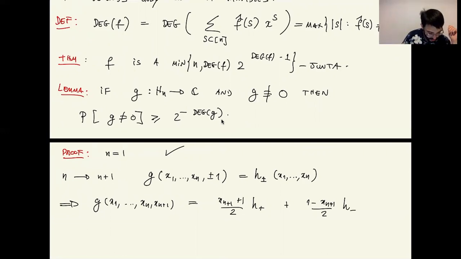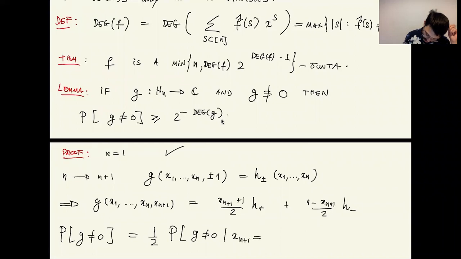And so then you can do what? What's the probability of g not being 0? Well, it's a half times the probability of g not being 0 conditioned on x n plus 1 being 1, plus a half times the same conditioned on x n plus 1 being minus 1.